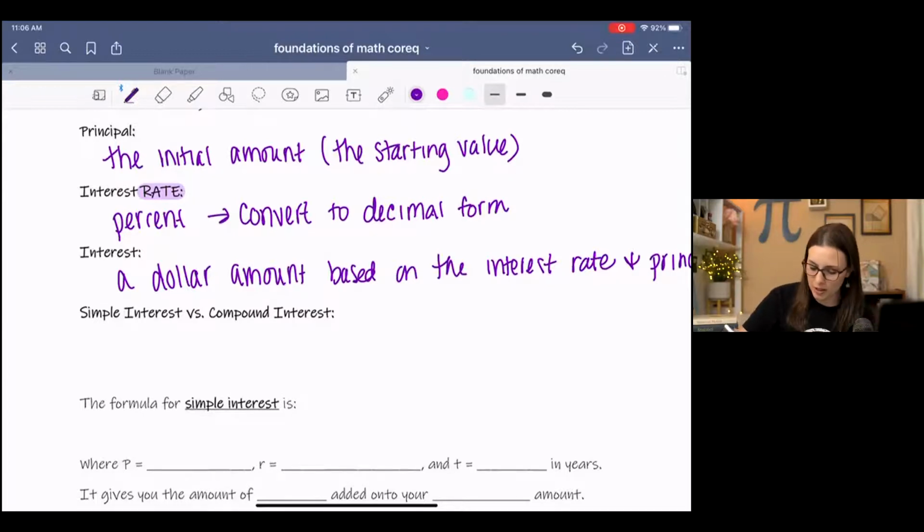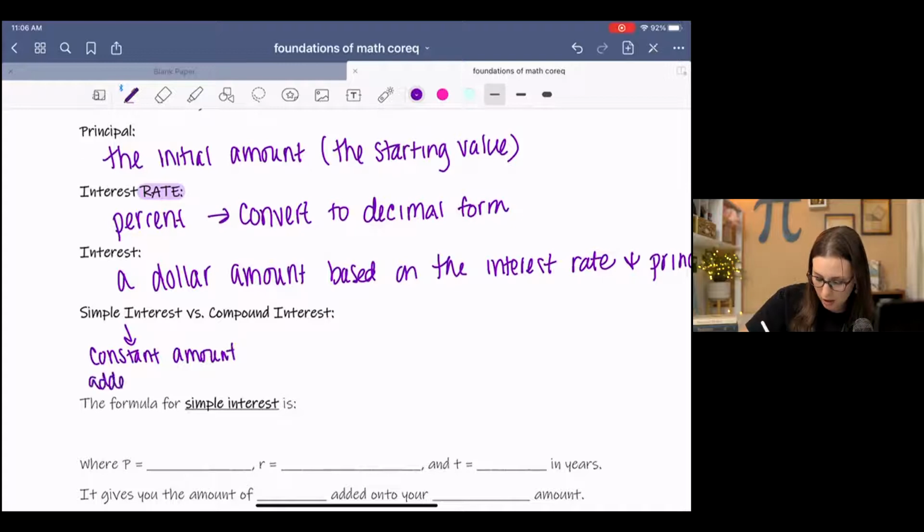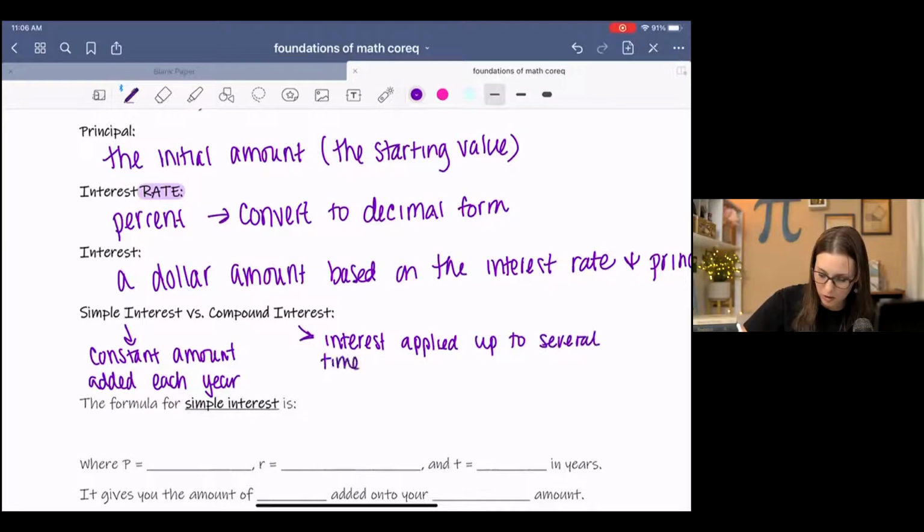Simple interest is a constant amount added each year. And compound interest is interest applied up to several times a year based on the previous amount.